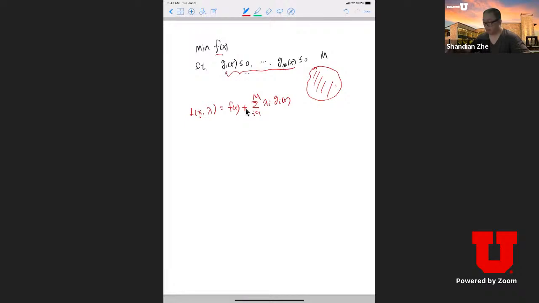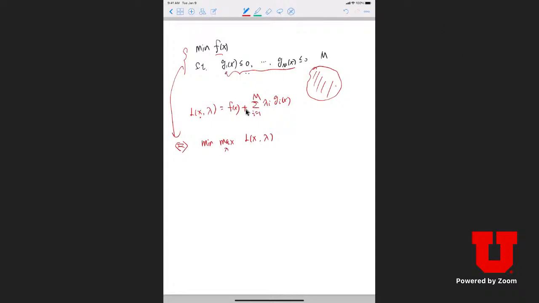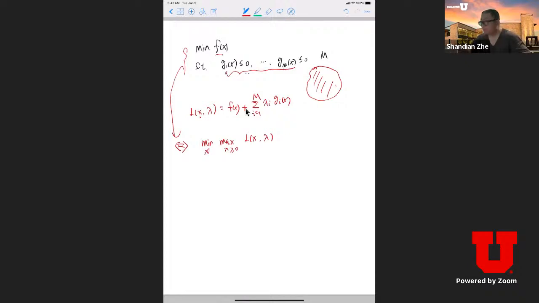I showed that this problem is equivalent to a minimax problem over the Lagrange function. In the inner level, we maximize over the Lagrange multipliers with non-negative constraints, and in the outer level, we just optimize over x in the whole space. We do not need to restrict x to this weird, probably convex, feasible region.